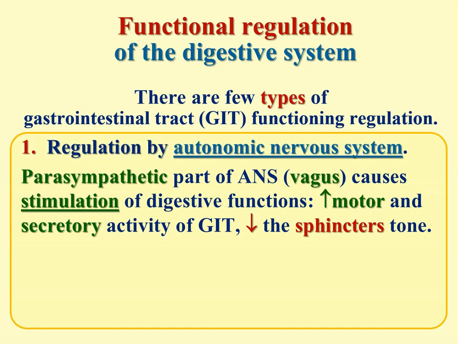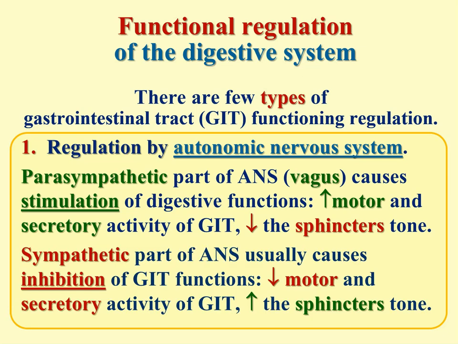It increases the motor function, contractions of smooth muscles, and secretory activity of the gastrointestinal tract. All juice secretion increases under stimulation from parasympathetic nerves. The only thing that is inhibited is sphincter tone. It means that smooth muscles that compose sphincters become relaxed due to parasympathetic stimulation.